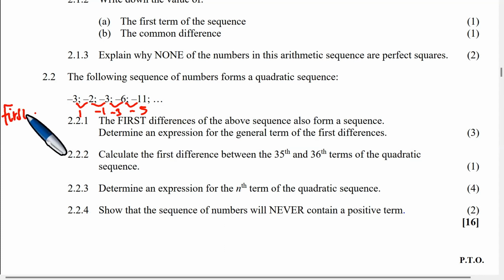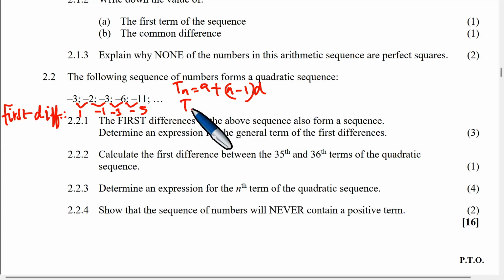We have been told that they also form a sequence. This term minus that, you get minus 2, minus 2, minus 2. So there's a common difference, and a quadratic sequence will always have the sequence of first differences forming an arithmetic progression, an AP.